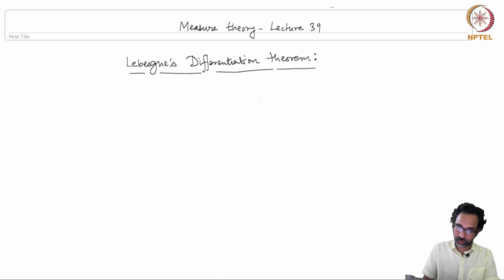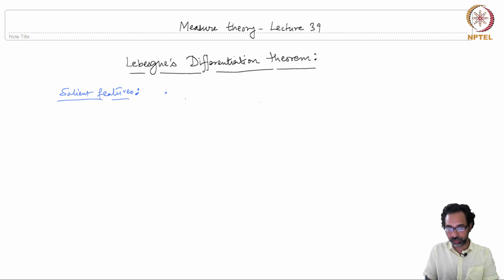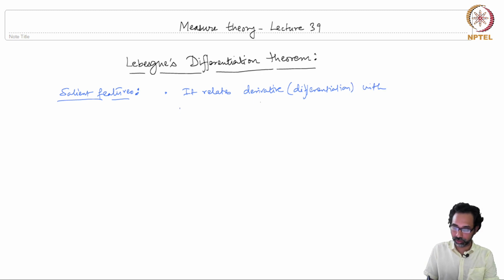So let me put the salient features of Lebesgue's differentiation theorem. So first is that it relates derivative or differentiation with Lebesgue's integration theory.